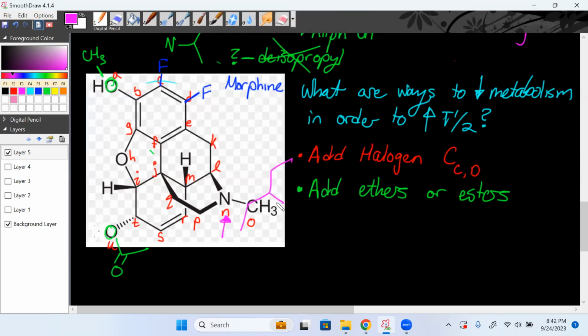If you make this complicated with branching, you are going to prevent simple demethylation, to improve half-life. So to improve half-life, we're going to decrease metabolism. One way is to make it more branched, because then it would prevent that group from being removed and then sent through metabolism.